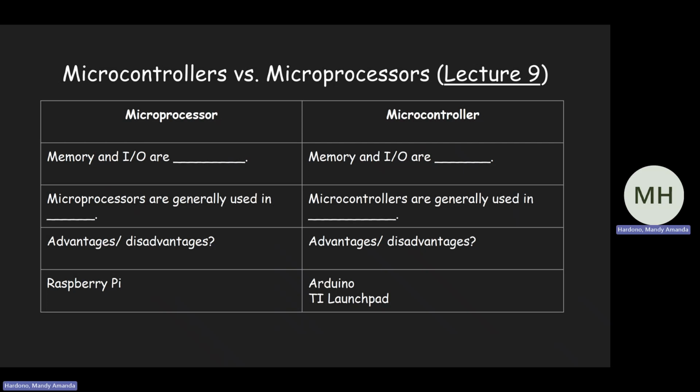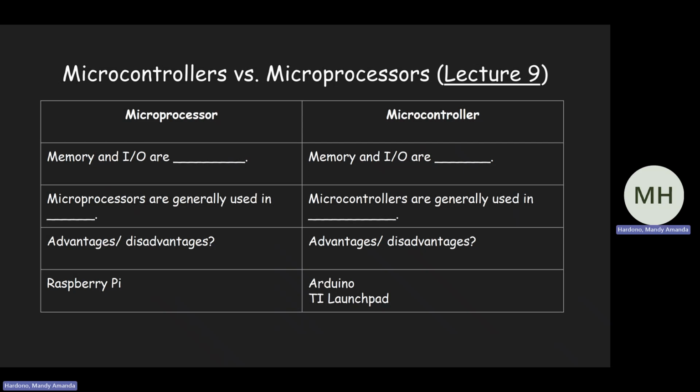Disadvantages of microcontrollers, so where microprocessors become more suitable, would be in places where you would need more customization because your hardware circuitry can't be changed. So a microprocessor would be great if you are working on a project where you need to customize more, or if you need to multitask.